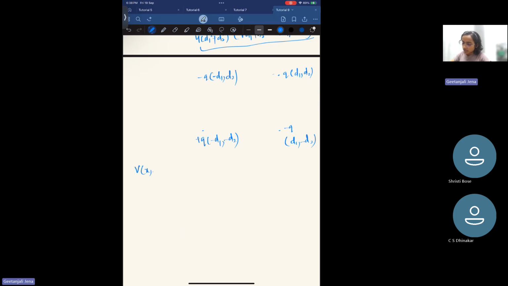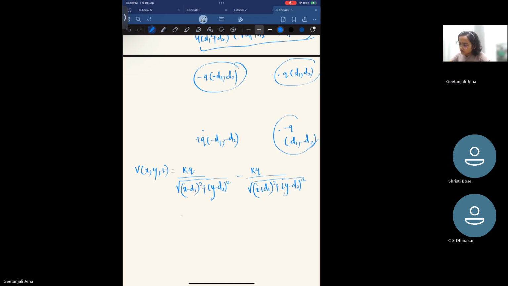So V of X, Y, you can take Z also, doesn't matter. This is KQ over the square root of X minus D1 square plus Y minus D2 square. For this, it is minus KQ over the square root of X plus D1 square, Y minus D2 square.